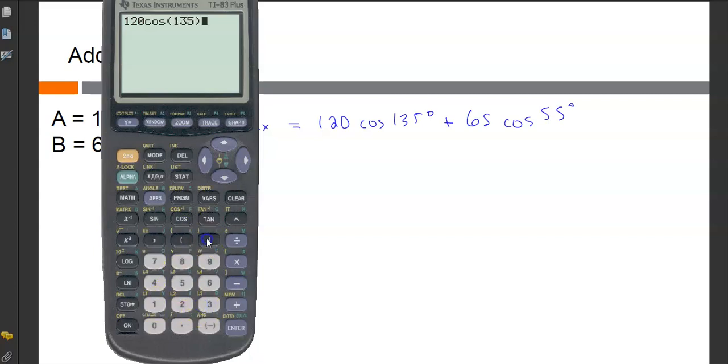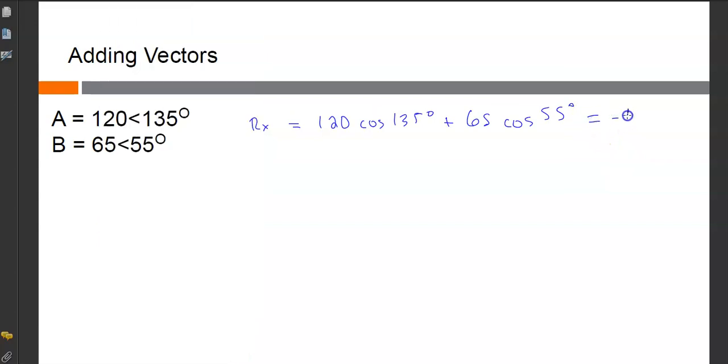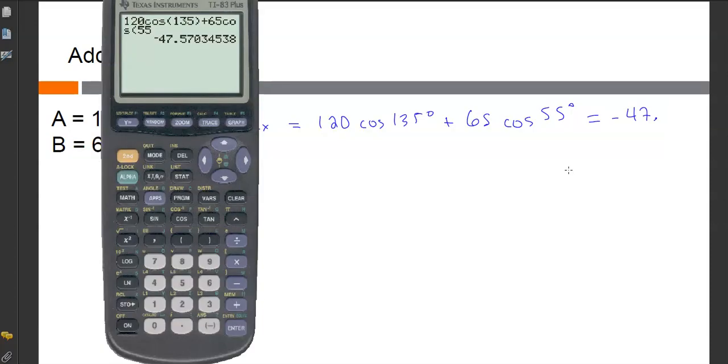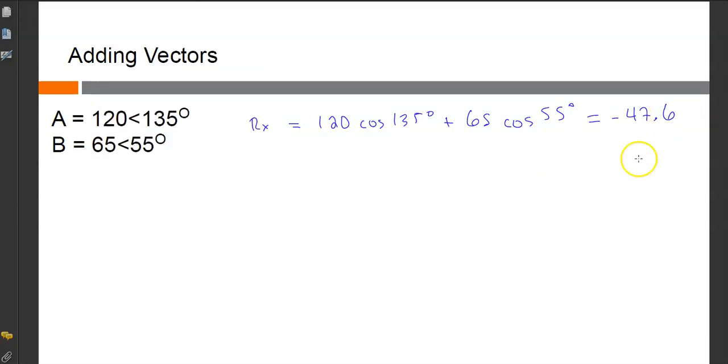Please don't forget to close it off though. Plus 65 cosine 55. And I've already got my first number. That is a negative number. We have not seen that before. So something different is going to have to happen here. Negative 47 point 6, something like that. Okay?